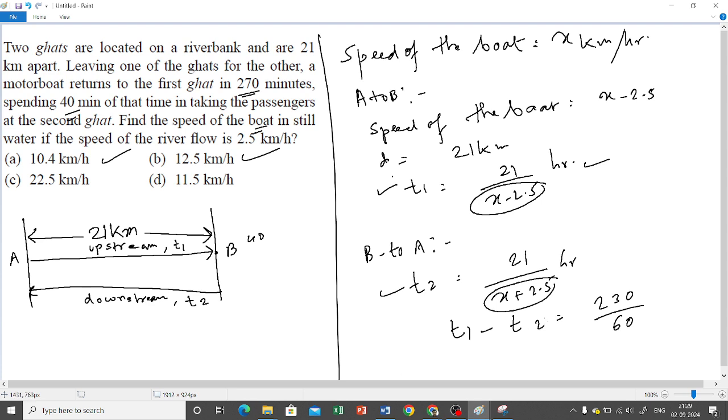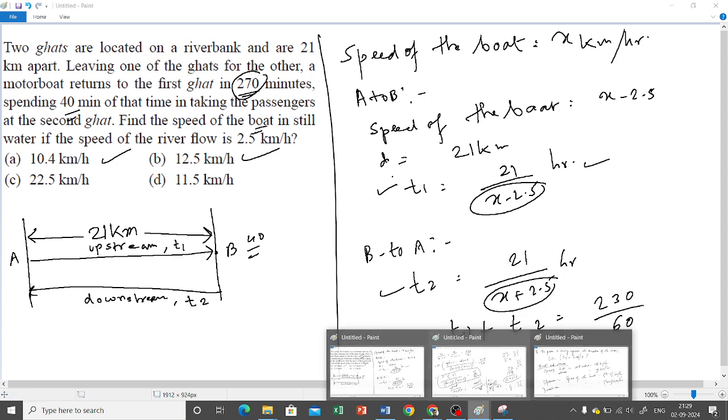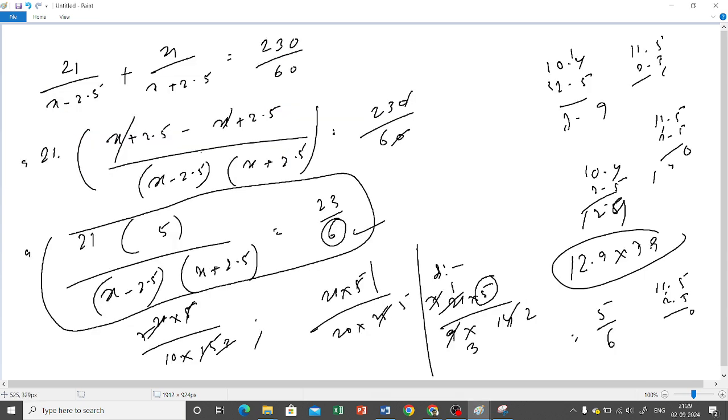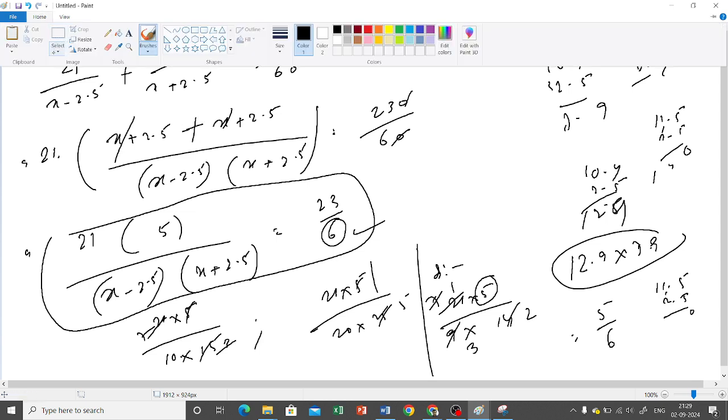Oh, okay, I got it. Instead of adding it, I subtracted it, because this is the total time taken, right? 270 minutes, out of which 40 minutes were spent over here. So the total time for going upstream and downstream is this. Instead of adding it, I subtracted it. That is why this one became wrong.